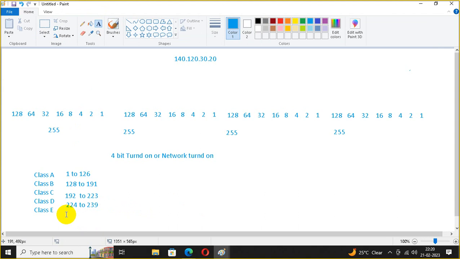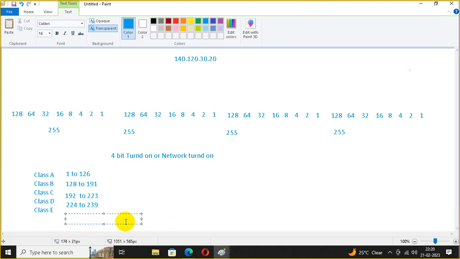If your IP address starts with 240 to 254, then it is class E.